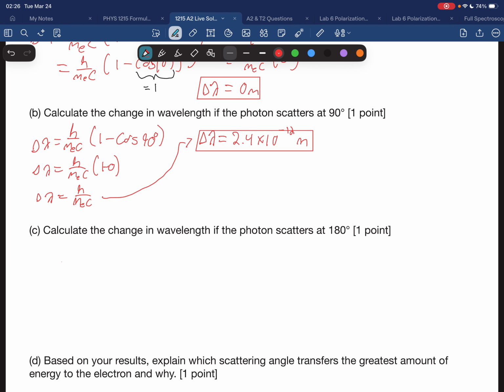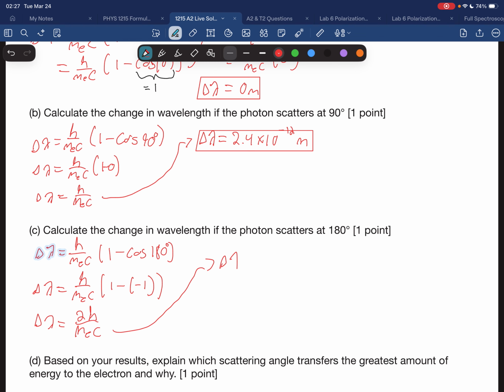So lastly, we have 180 degrees. And so the cosine of 180 is equal to negative 1. So this is not 0 this time. This is 1 minus negative 1. So we end up with a 2 there, actually. So this ends up being 2h over m_e c.